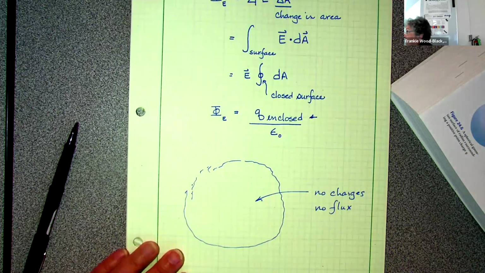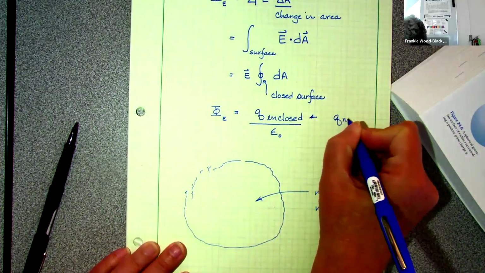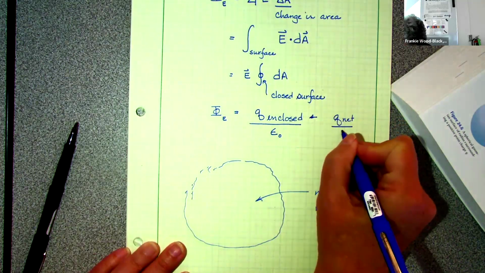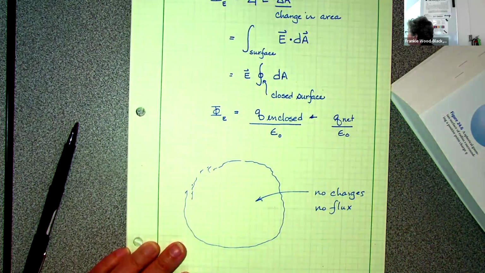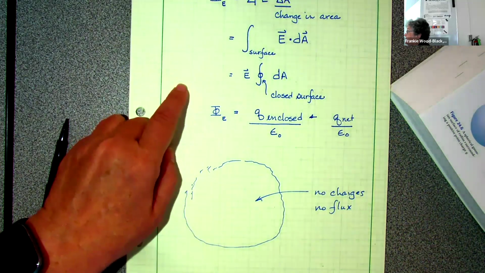If there's a charge inside, I'm going to get flux. And the direction of that flux is going to be dependent on the type of charge that I have. And that charge enclosed can be a net charge. So as long as I got 0, that flux is 0.